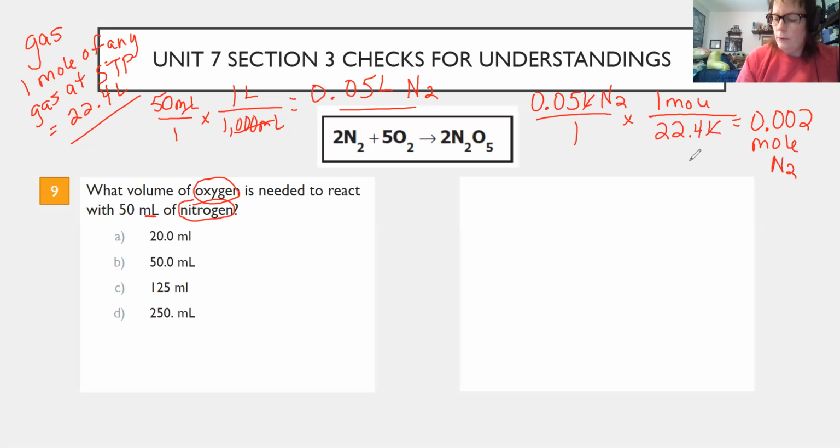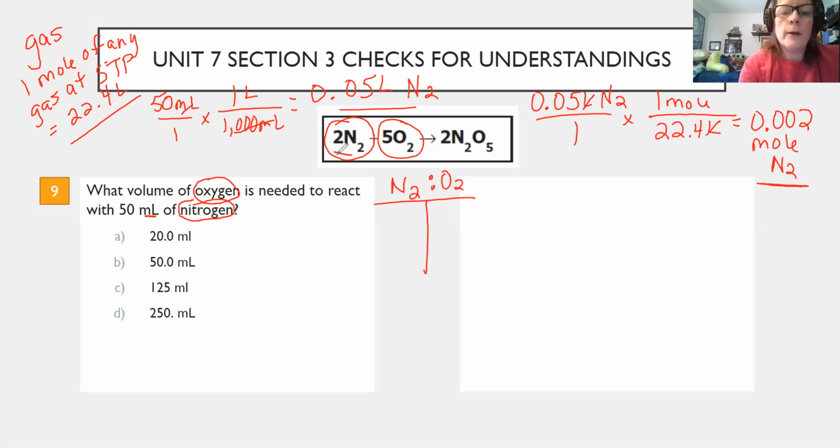Now we need to look at our ratios, since we know how many moles we're dealing with. We're looking at oxygen and nitrogen, so here's our ratio, nitrogen to oxygen. In our problem up here, there are 2 nitrogens to every 5 oxygens. But we've only got 0.002 moles of nitrogen, and they're asking how many we'll have for oxygen.